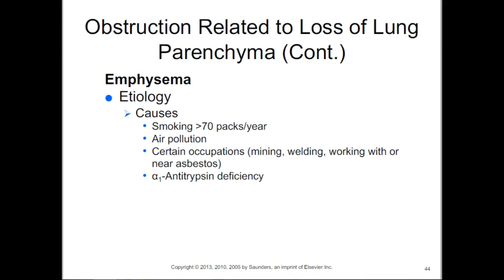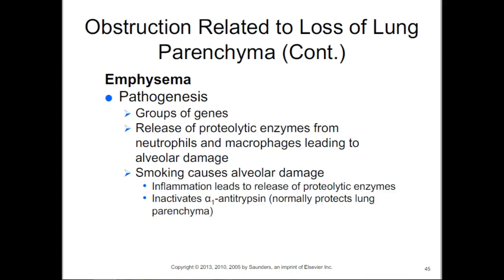And then the alpha-1 antitrypsin deficiency is the one that's more on the genetic side. Now, alpha-1 antitrypsin deficiency is usually not going to be a problem because you're not born with the disorder. You're actually going to make this disorder much worse by smoking or being exposed to secondhand smoke.